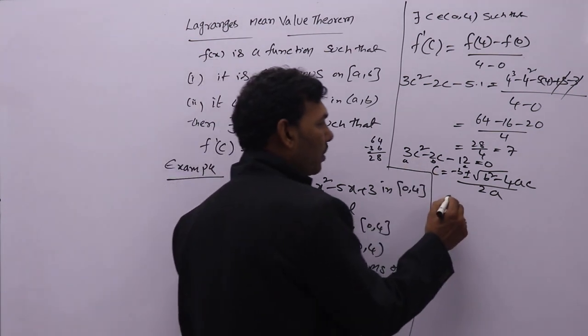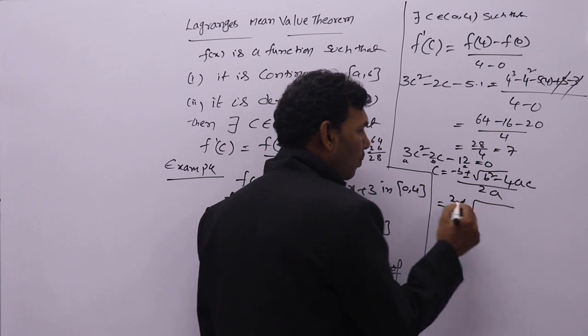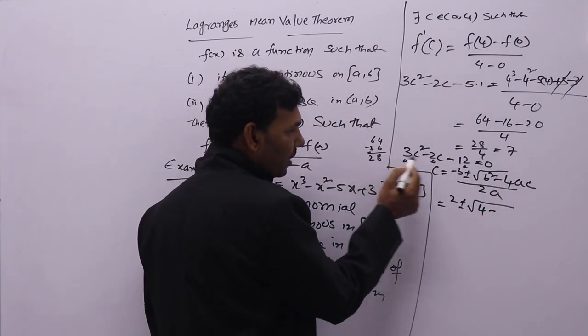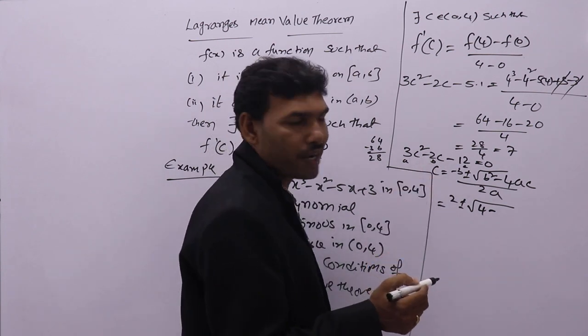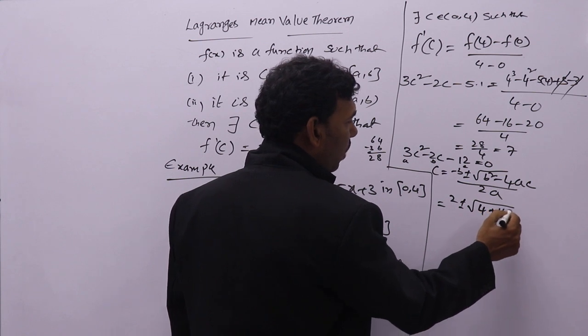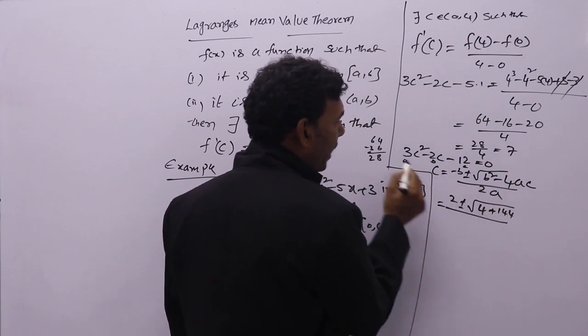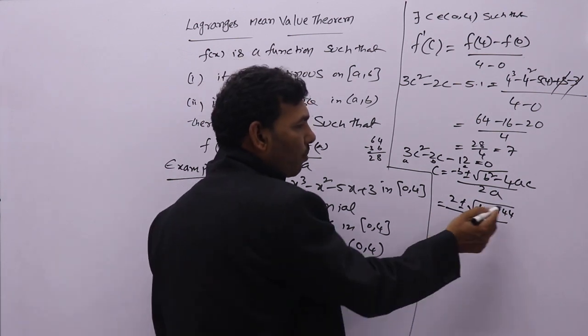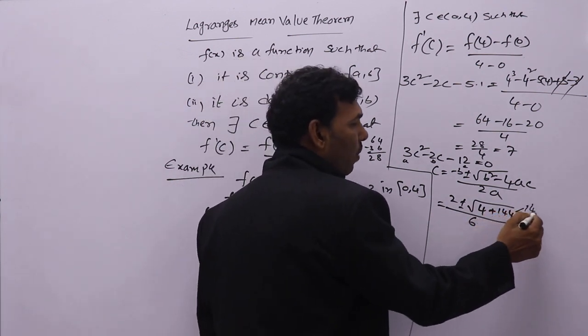Minus b is 2, plus or minus root of 2 square, 4, minus 4ac. 4 times 3 is 12, 12 times 12 is 144. But here minus into minus gives plus 144, by 2a. A is 3, 2 times 3 is 6. Then what will you get? 4 plus 144 is 148.